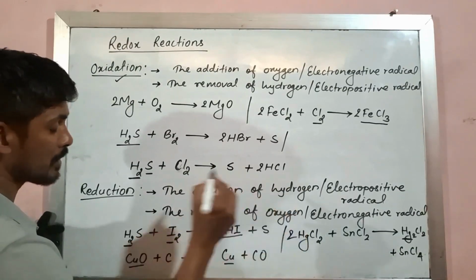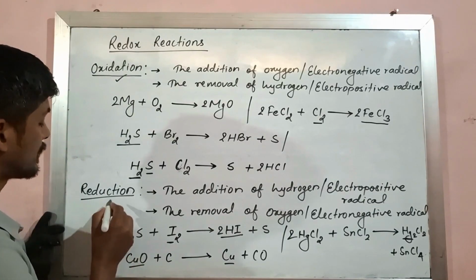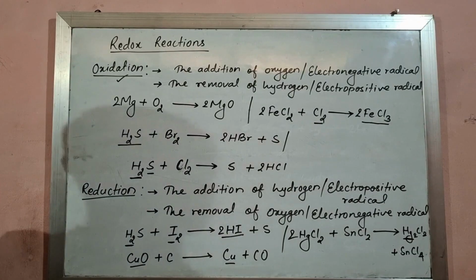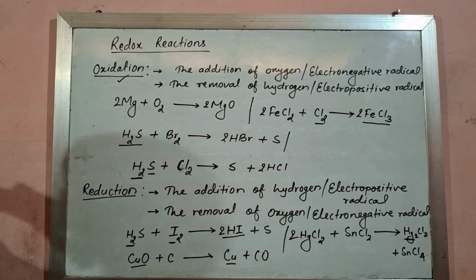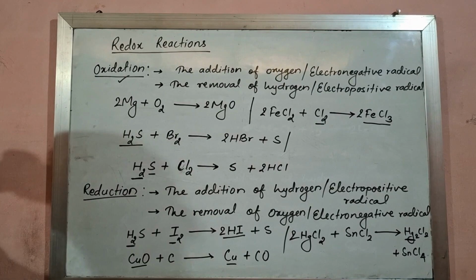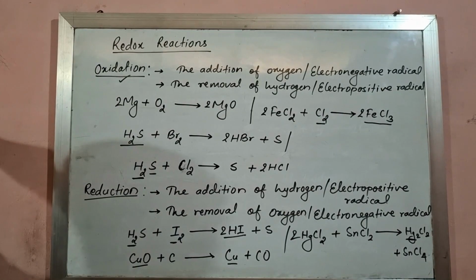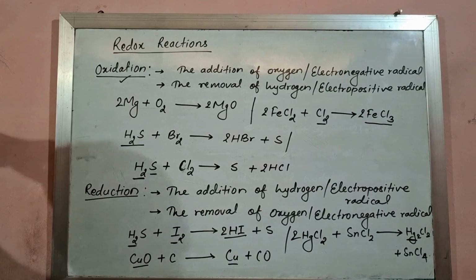And we know that removal of oxygen is known as what? Reduction. Similarly, if some other electronegative radical is removed from any reactant, then such a reaction or process is known as a reduction reaction.